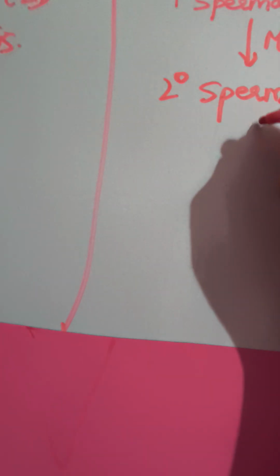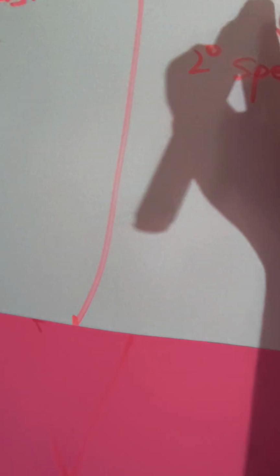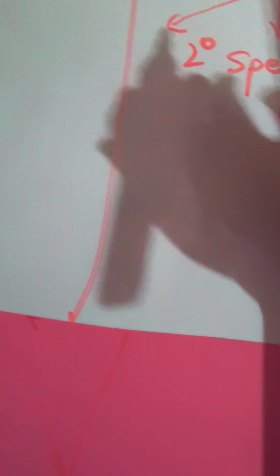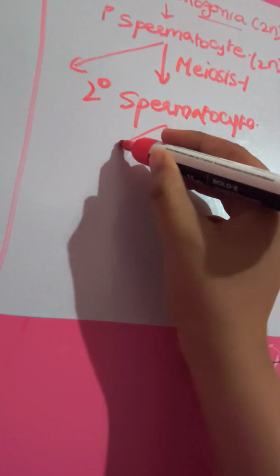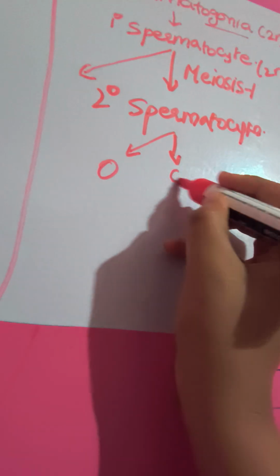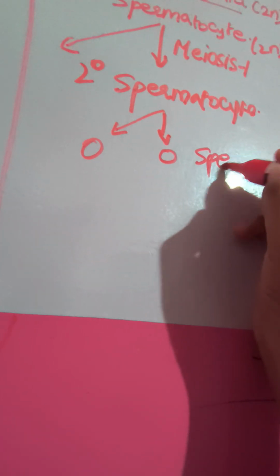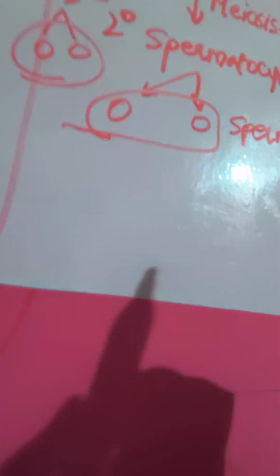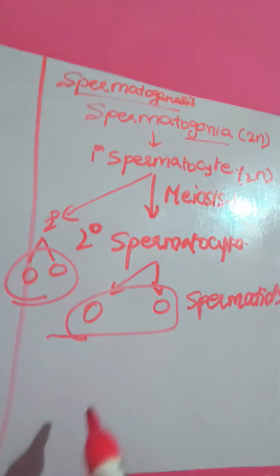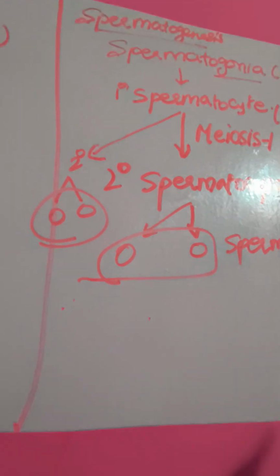One primary spermatocyte will give rise to 2 secondary spermatocytes, and each secondary spermatocyte will give rise to 2 spermatids. These round things are called spermatids. In total we have 4 spermatids. So 1 spermatogonia is giving rise to 4 spermatids.